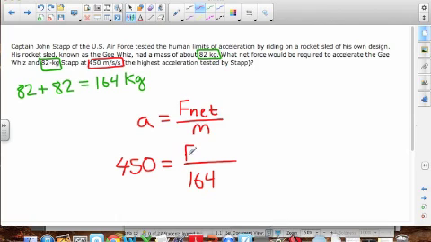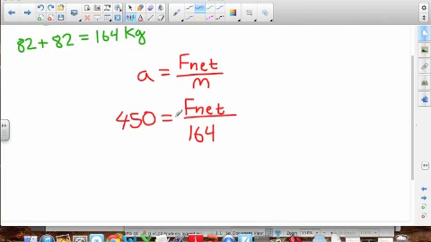And we are trying to find the net force. Now, in order to solve this equation for the net force, we're going to have to multiply both sides by 164 kilograms. So these cancel out.